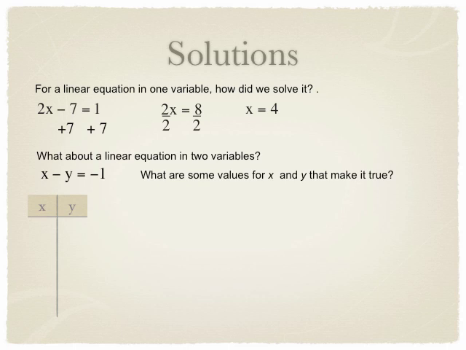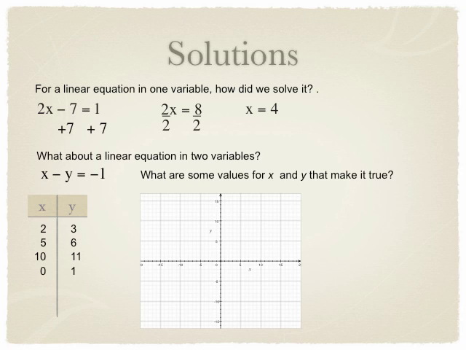Well, we know that maybe if we put 2 in for x and 3 in for y, 2 minus 3 equals negative 1, so that would work. But is that the only values for x and y that will work? Well, no, we could do like 5 minus 6, that would give me negative 1. Or 10 minus 11, that would give me negative 1. We could even throw something in a little different, like 0 minus 1 would give me negative 1.